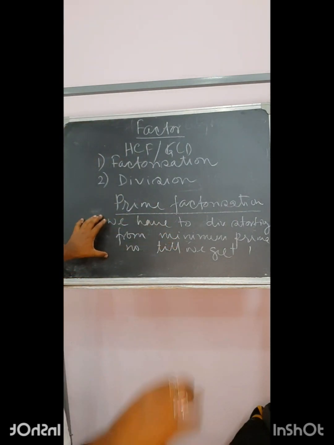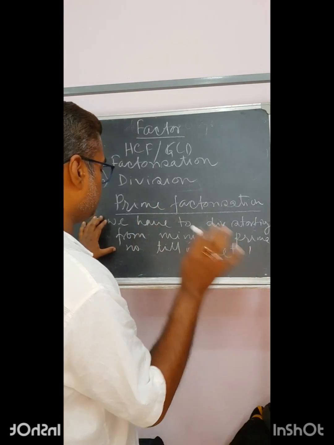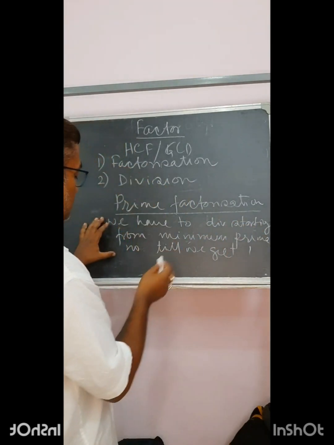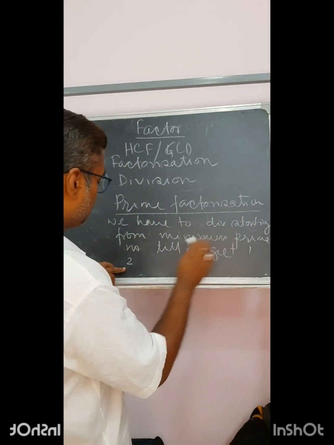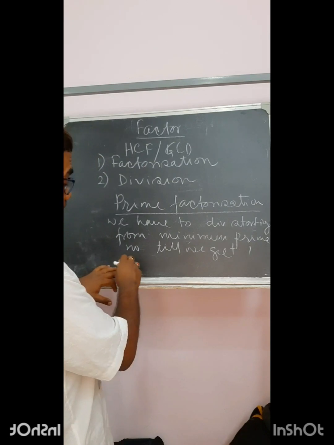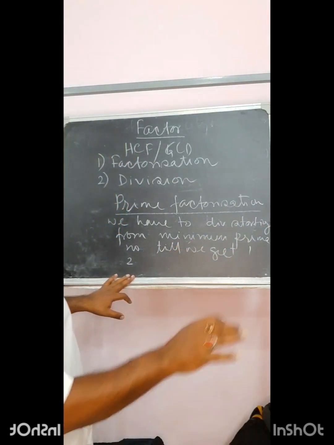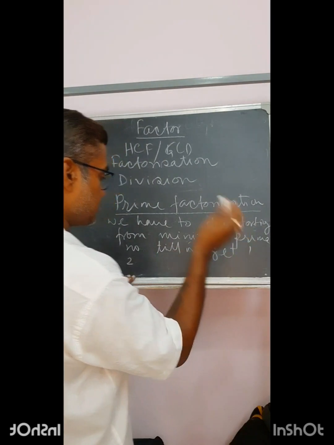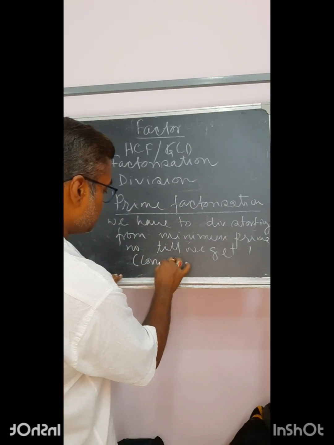If I do factorization of any number, that means you have to start dividing that number with the minimum prime number. The minimum prime number is 2. From there you have to try to divide that number. So starting from 2 till I get 1 as an answer, I have to divide that number consecutively and repetitively.